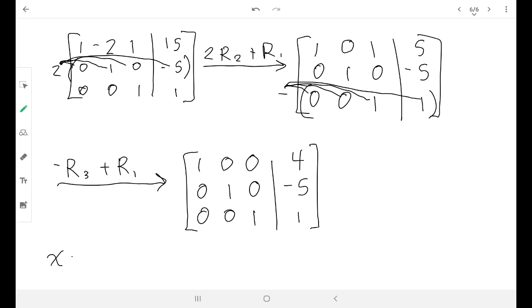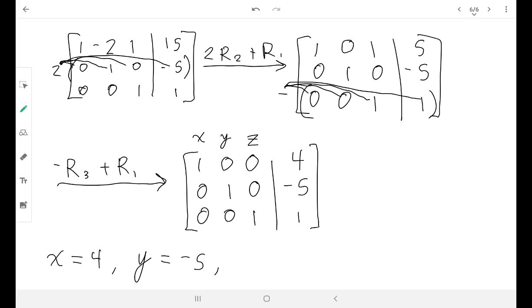I know that x equals 4, because remember, this is x, y, z. So in this first equation, I've got 1x, 0y, plus 0z equals 4, so it's just x equals 4. On the next one, I've got 0x, 1y, 0z, so y equals negative 5.